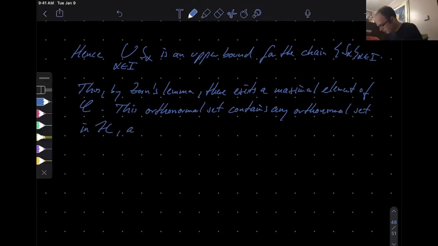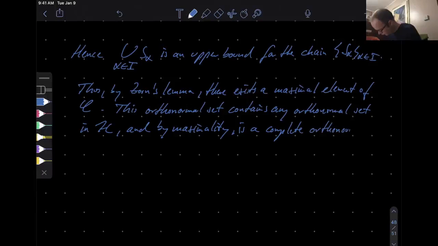Okay, and now let's finally exploit maximality. By maximality, it is a complete orthonormal system. Completeness means it is not properly contained in any other orthonormal set. If you keep that in mind and translate it into maximality under the given order, subset inclusion, then you see that these two are precisely equivalent.